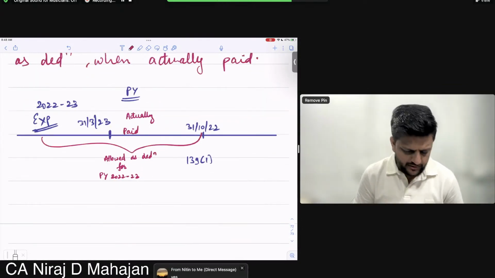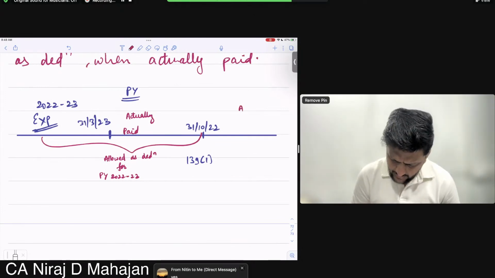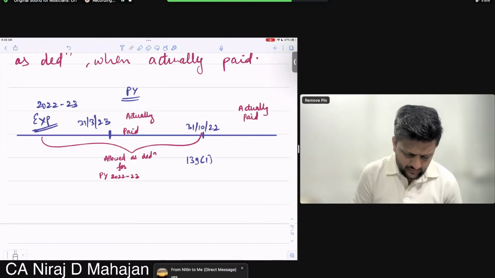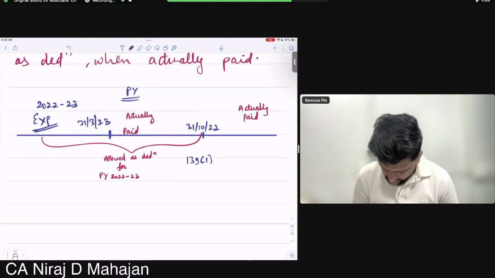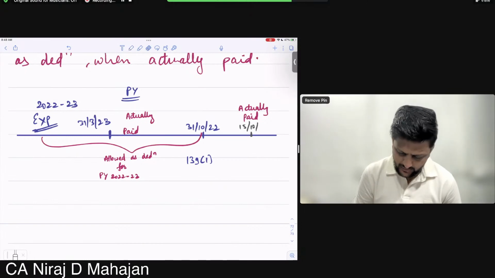But the same item, I'm right, we are still in 43B now. If it is, let us say, actually paid here. This is just an example, bachcho. Let us say actual payment is on 15th December. Sorry, I wrote 22 here, but it is 23 by the way. We are in 23 now.